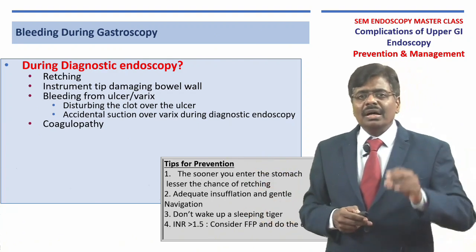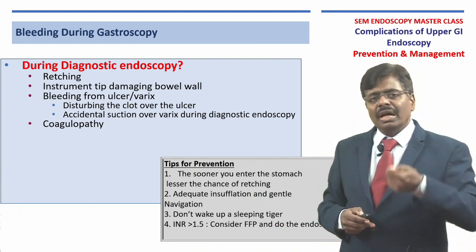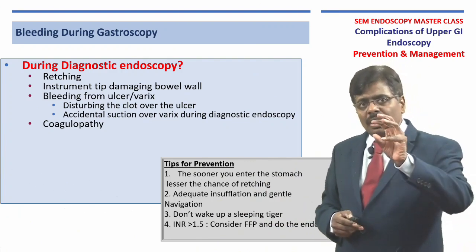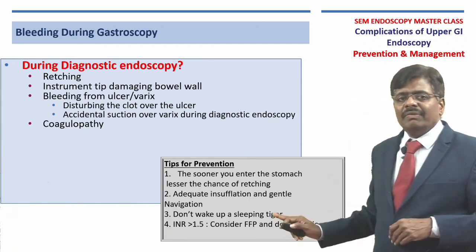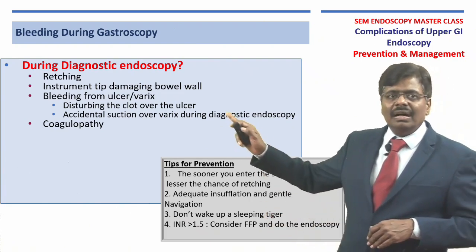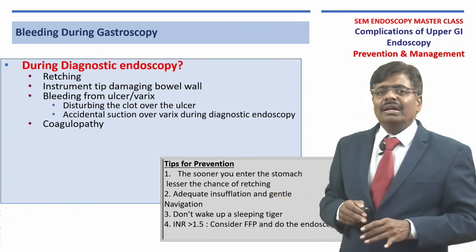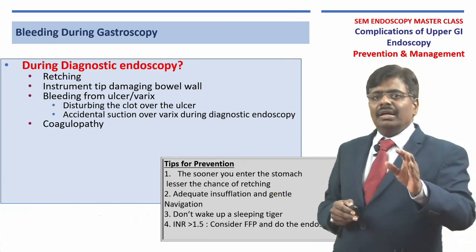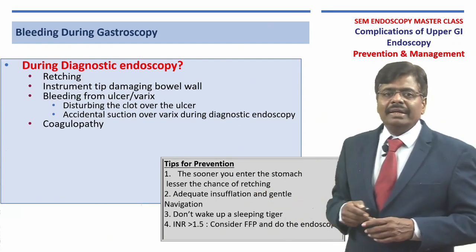So, better adequate insufflation, gentle navigation, that is, never use force, and insufflate in luminal endoscopy, and never go very close to the volcano, what I call the varix. If it is there, gently insufflate, do not do anything unless you have the technique and also the experience to do a banding and other things.